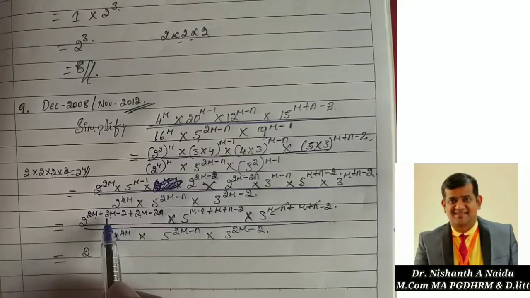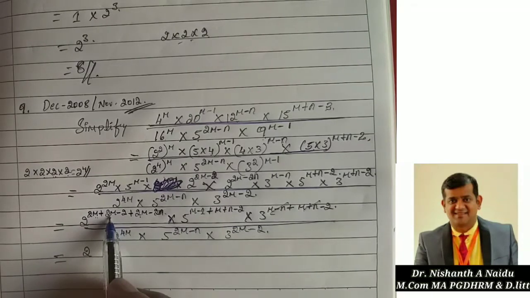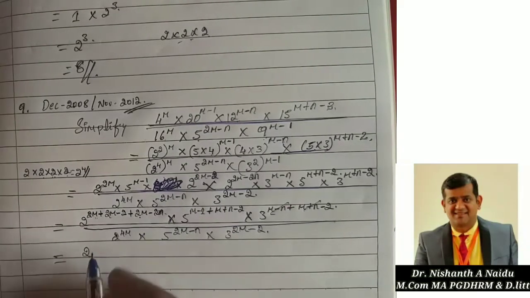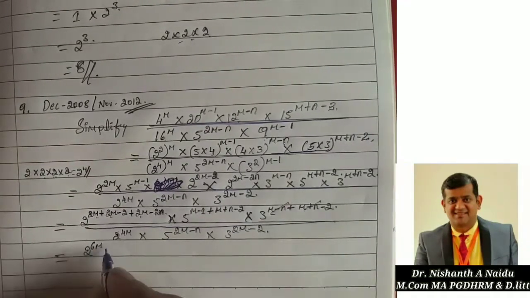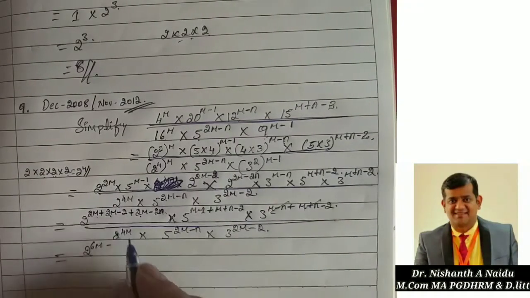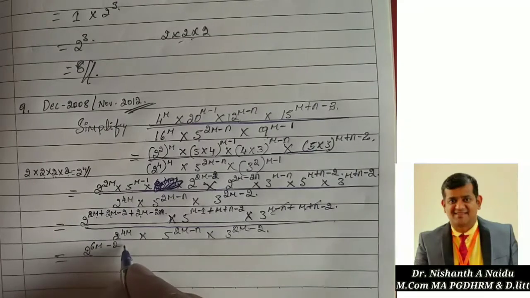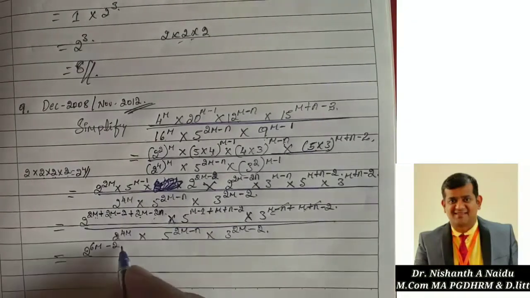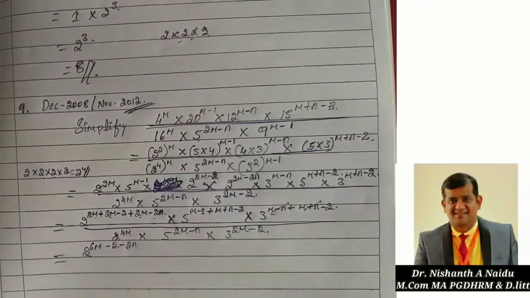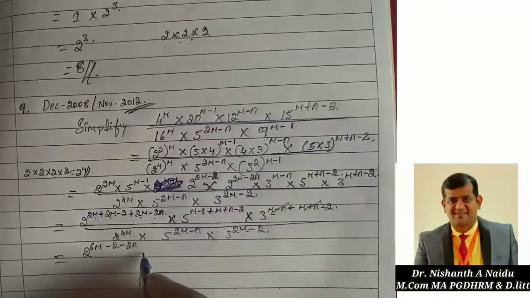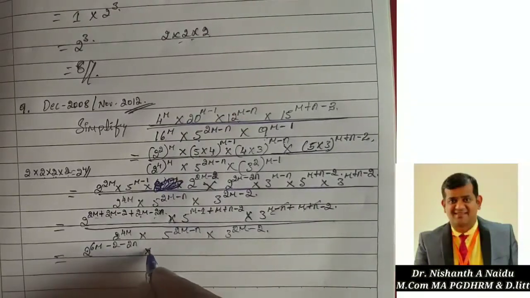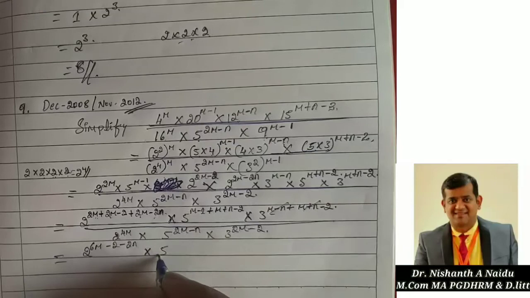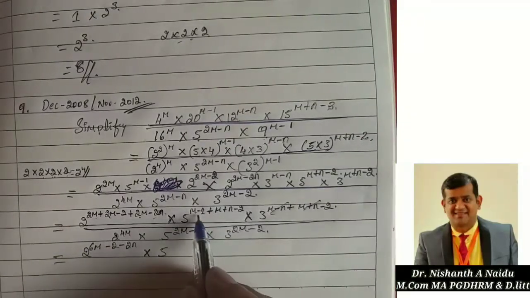Understood? So I am writing 2 to the power 6m minus 2, then I have minus 2n. Okay, into, understood, 5 to the power again.